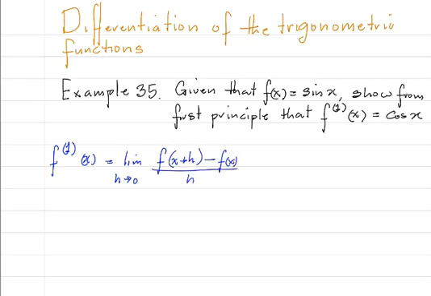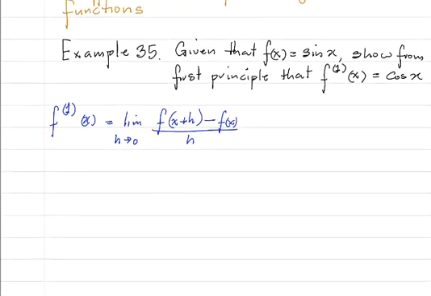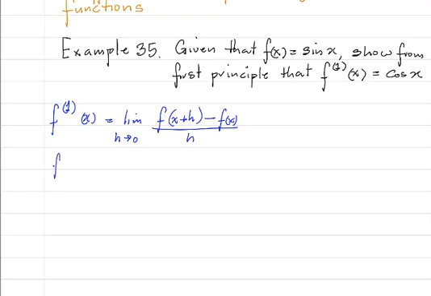All right. Now, what we have to remember is that f of x is equal to sine x. So f of x plus h is saying to me that in f of x, anywhere I see x, I must take out x and put x plus h.